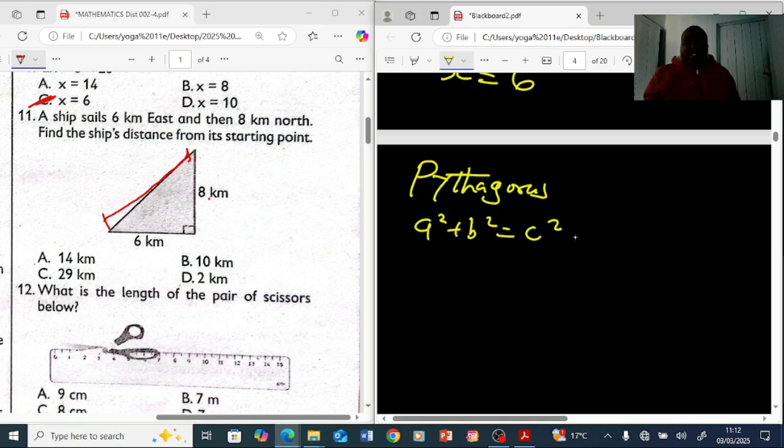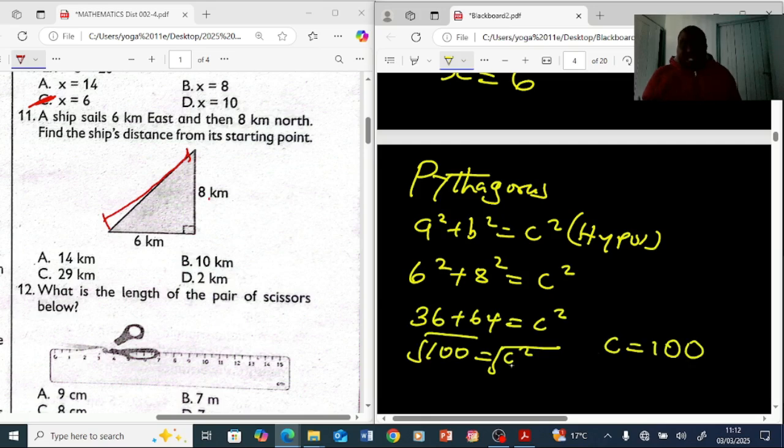So 6 squared plus 8 squared equals c squared. 36 plus 64 is equal to c squared. 100 is equal to c squared. To get c, you square root both sides. The square root of 100 is 10. So c is equal to 10 kilometers.